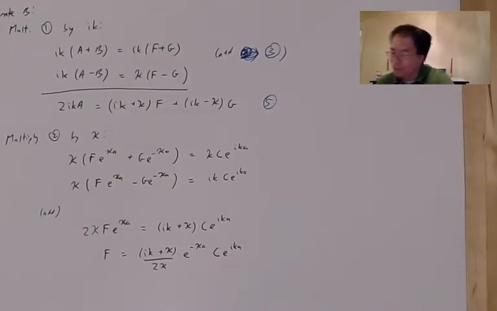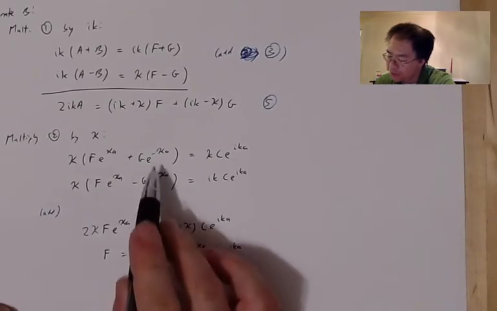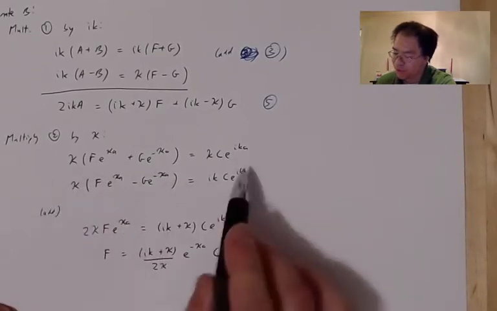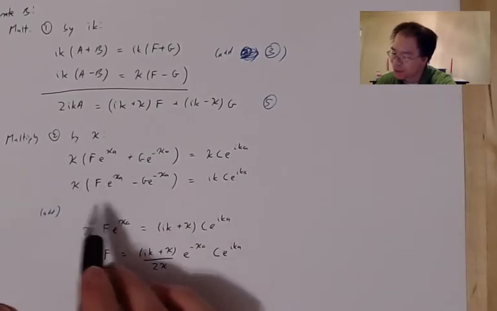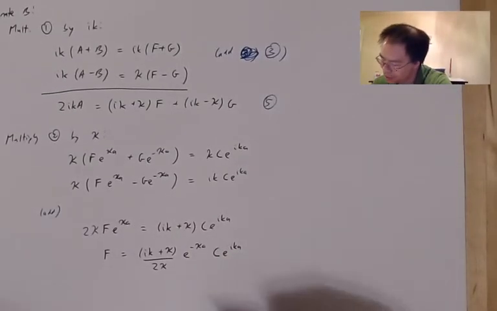Okay, so we can similarly get g if we subtract these two equations. So I subtract these, the f's will cancel, and I'll have g minus minus g, which is a plus.